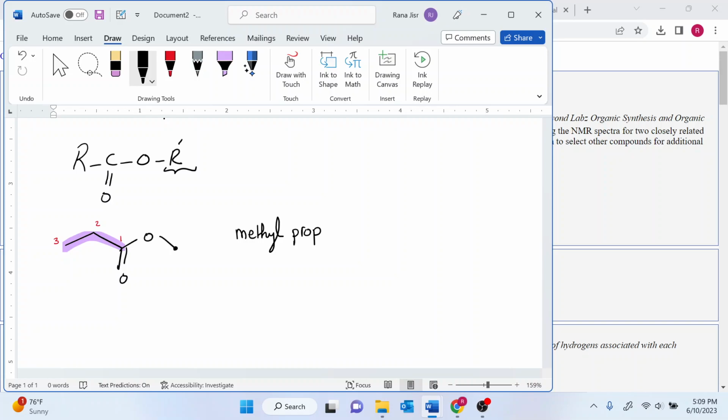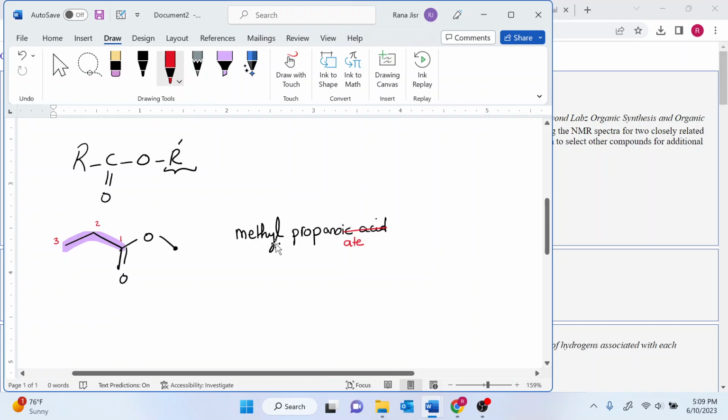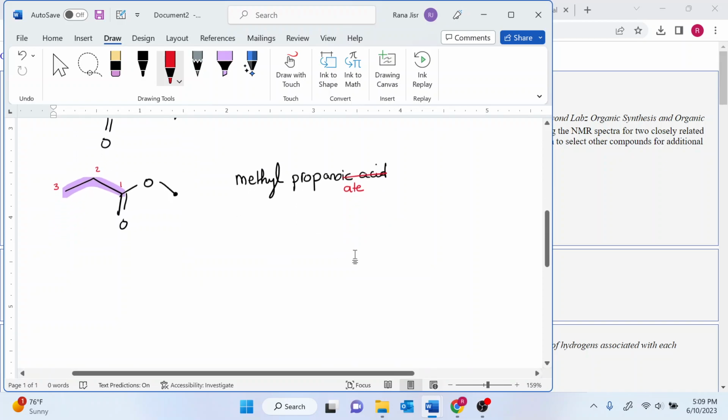If you want to name it as a carboxylic acid, it's propanoic acid. So what you're going to do here is drop the ic acid and add ATE at the end. So it's going to be methyl propanoate. Whenever you search for it in Beyond Labs, that's going to be methyl propanoate in its proton NMR spectra.